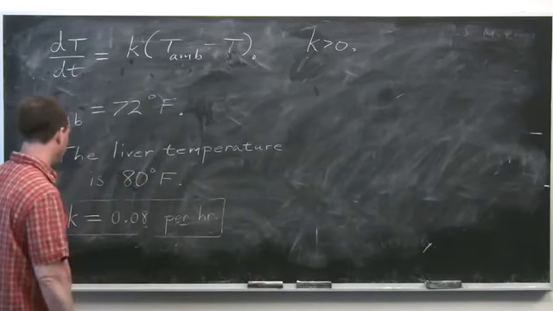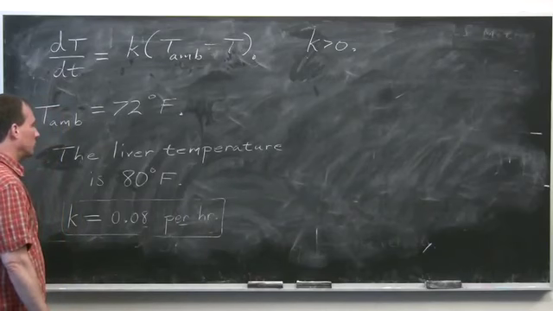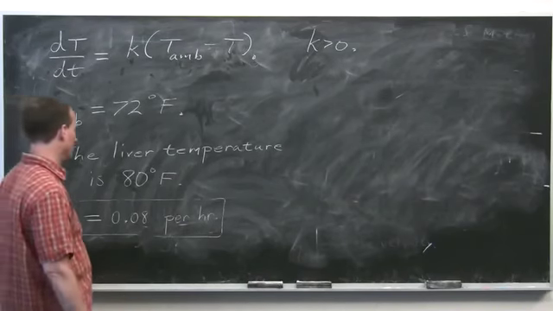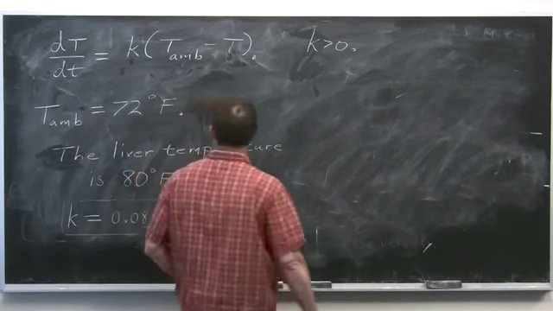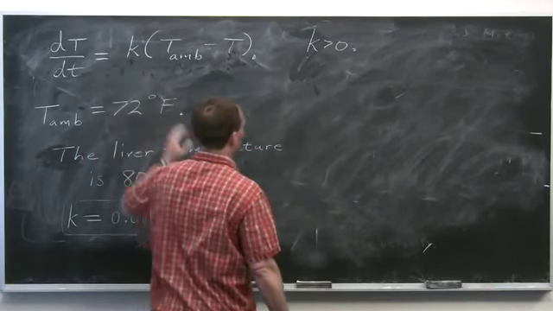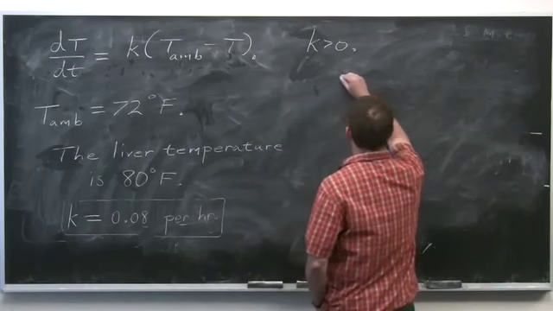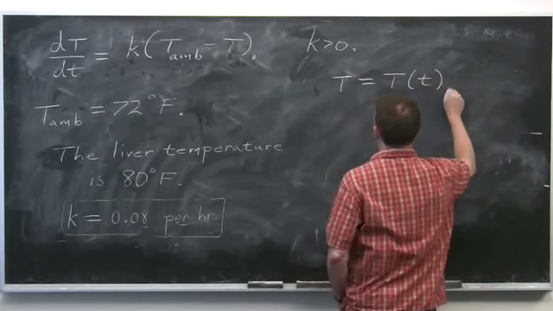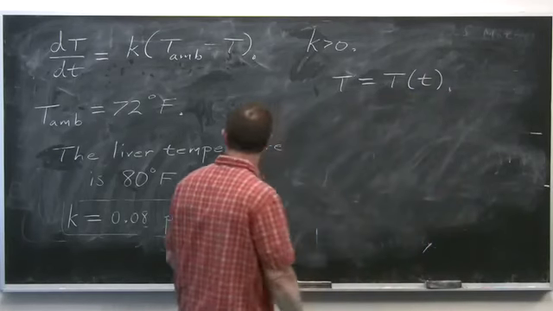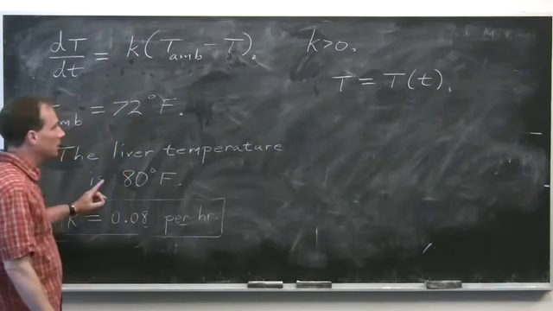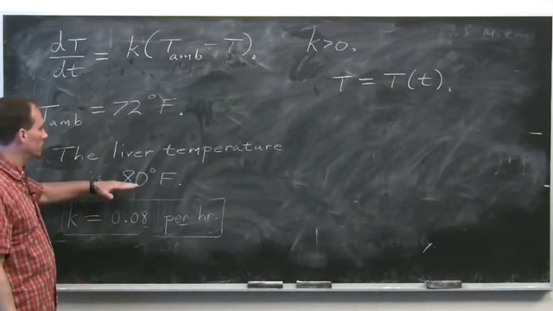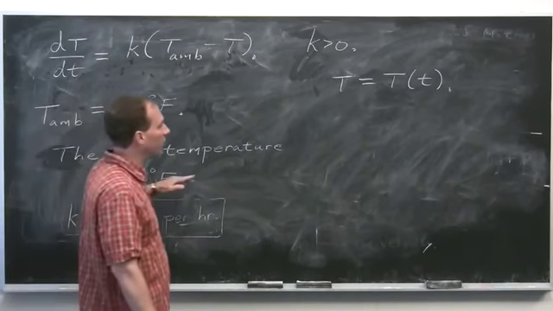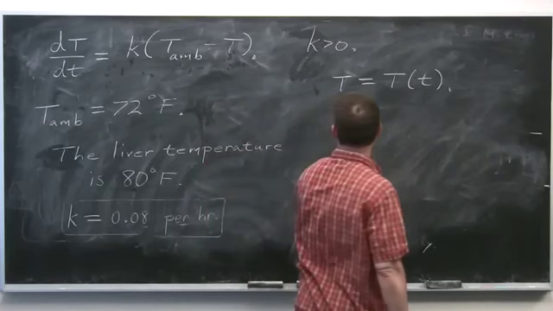All right. So what's the question? We want to solve this for T as a function of t. Then what we'd like to do is plug in that the temperature is 80 degrees and figure out what it was at time 0.